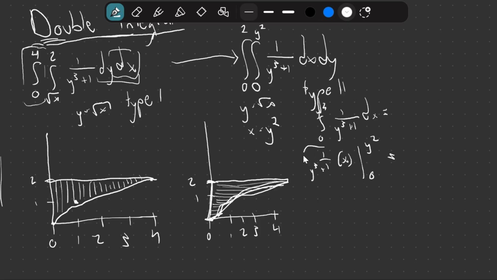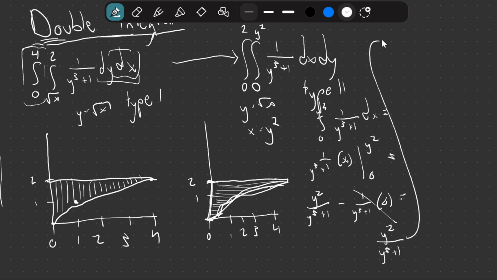Because that whole term right here is just a constant. So then it becomes y squared over y cubed plus 1 minus 1 over y cubed plus 1 times 0. This cancels out, leaving us just with y squared over y cubed plus 1.